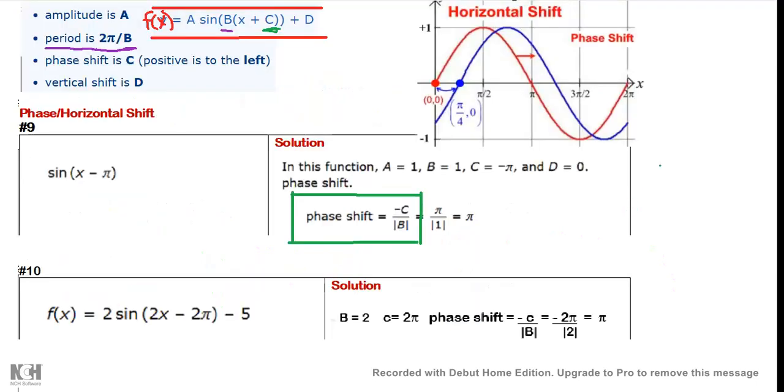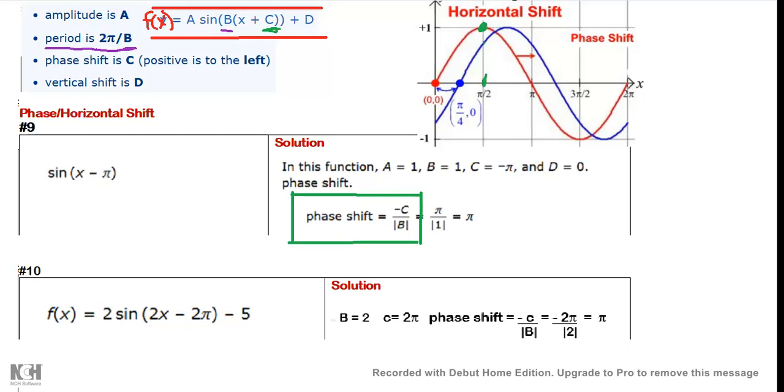Next, we're talking about the horizontal shift or the phase shift. And here's what it looks like in the graph. If you had your graph right here, remember I told you that the original graph goes right here through +1 and 1/2 pi.